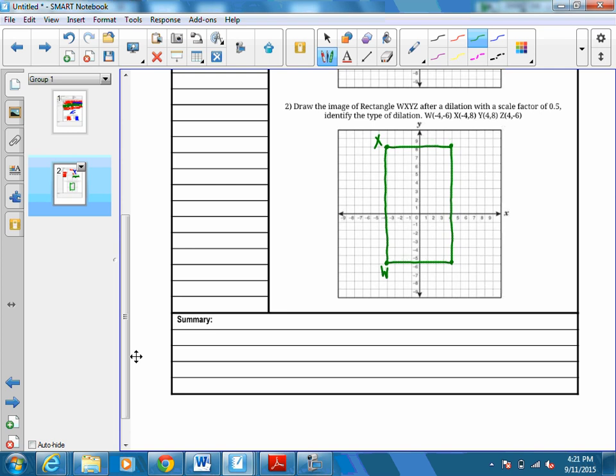Okay? So now when I'm talking about the image, okay, what my dilated figure is going to look like.